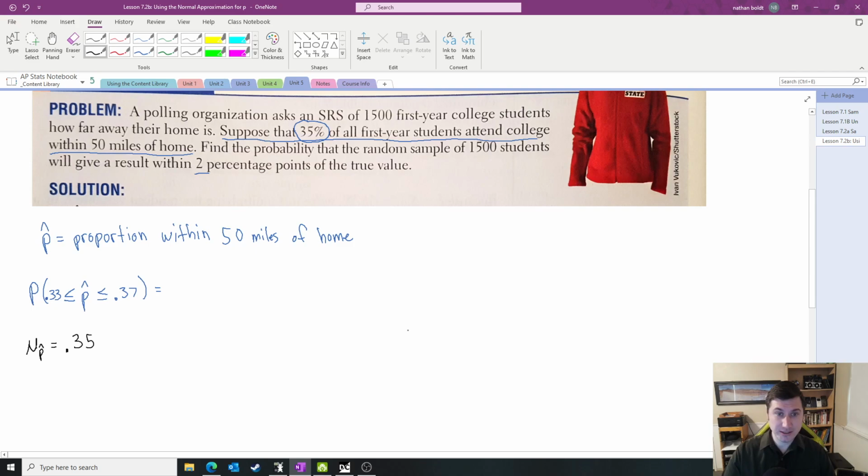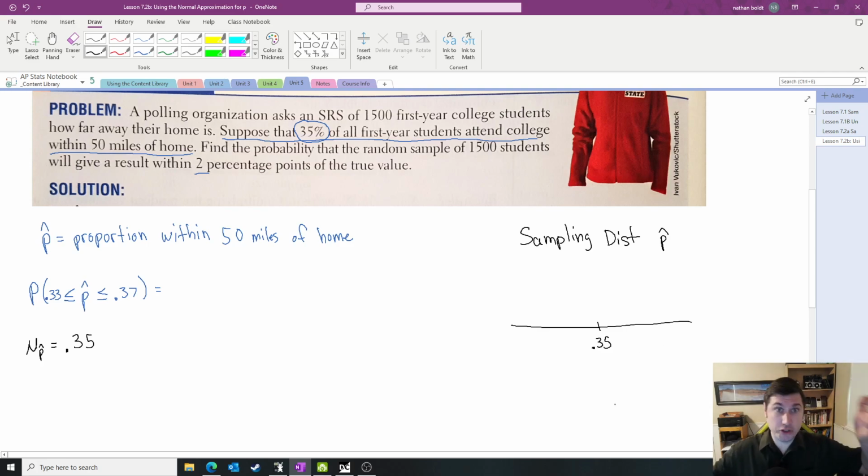The center of a sampling distribution is on the population proportion. So if I want to visualize this, I could start drawing my sampling distribution of p-hat. I now know that it is centered on 0.35.